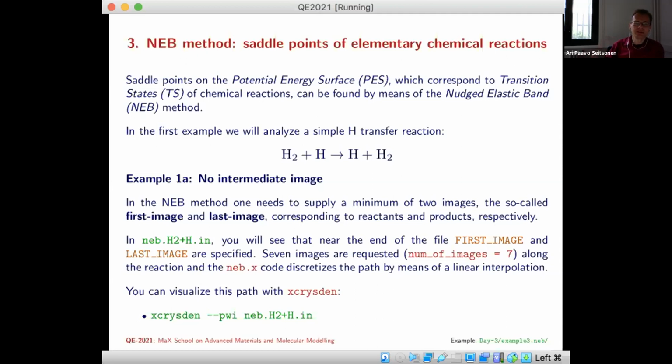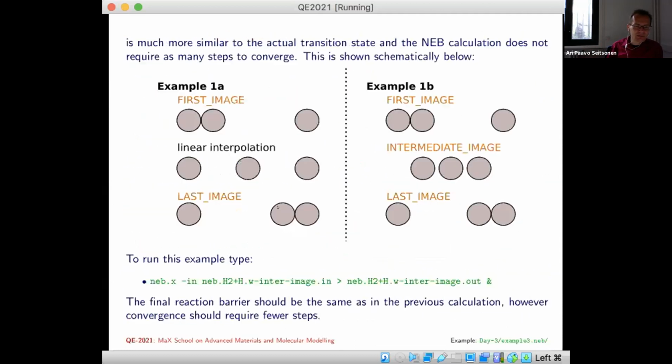So we will use DFT to get the forces. Everything is fine. In the first case, example 1A of the NEB, we start the calculation using no intermediate image. I mean, Tone explained you can use these intermediate images. And here we just start, and I will show you already some slides later. So we have the initial state, the first image, in which the two hydrogens are close to each other, and then there's the third hydrogen a bit further away.